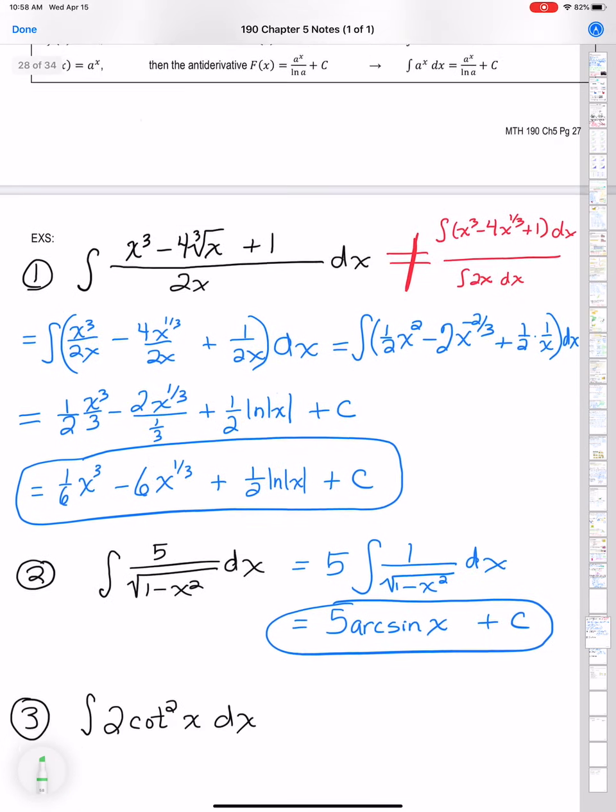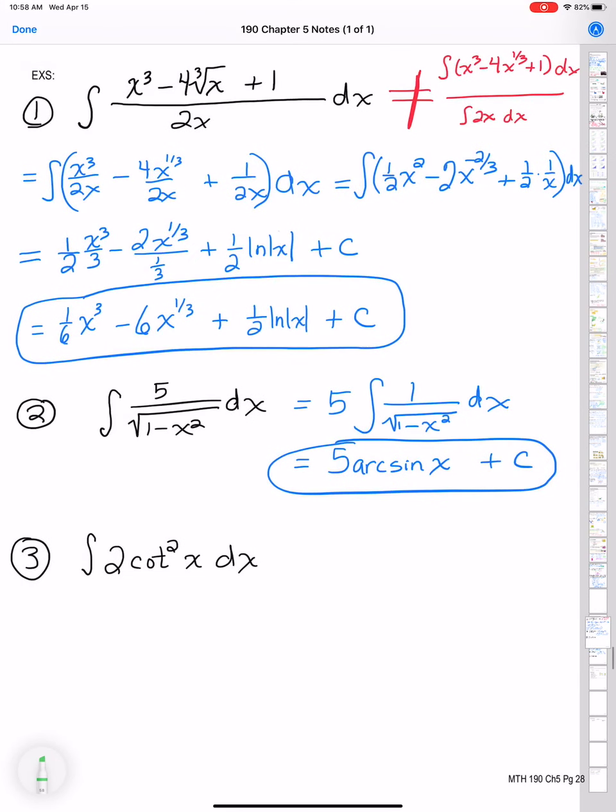Now, in particular, the form of the Pythagorean identity, sine squared plus cosine squared equals 1, that we want to use is that 1 plus cotangent squared is equal to cosecant squared.